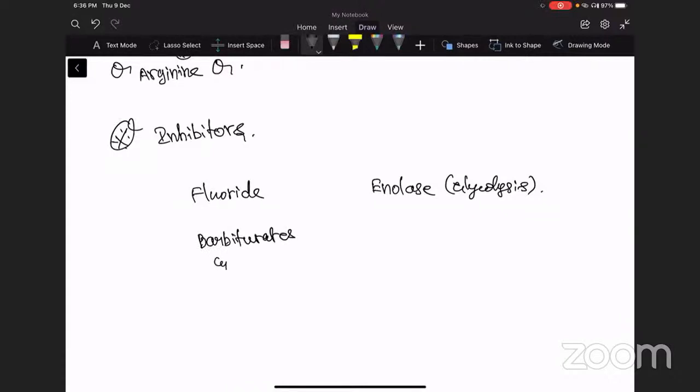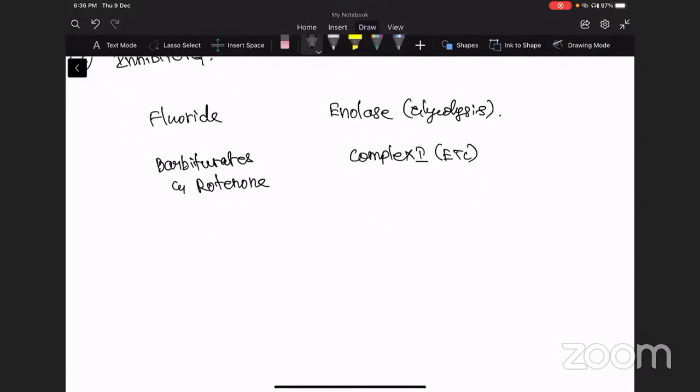Barbiturates and rotenone inhibit complex 1 of the electron transport chain. Malonate inhibits complex 2 of the electron transport chain.